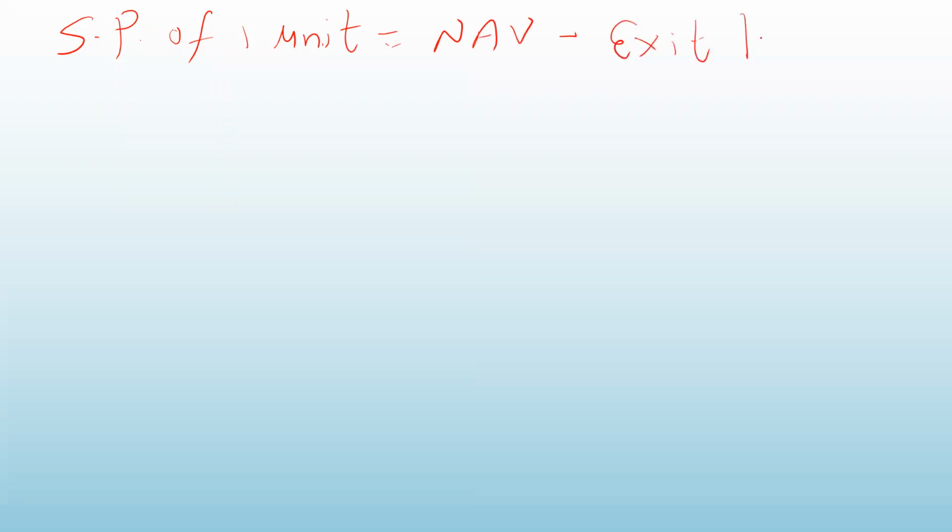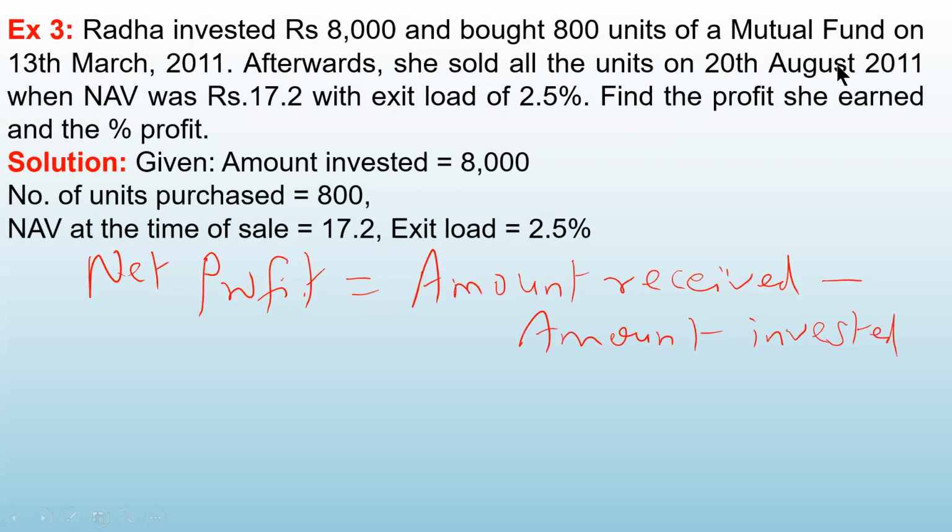So the selling price of one unit is equal to, you know that whenever you sell the units, the exit load is deducted from the NAV. So it is NAV minus exit load. What is the NAV when she sold the units?